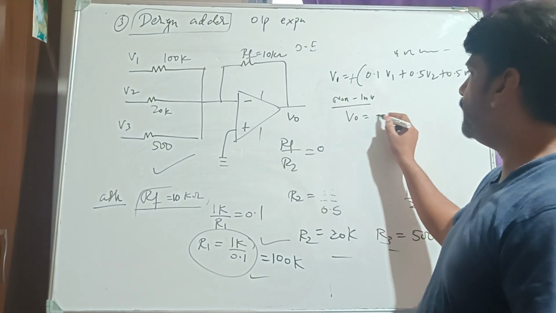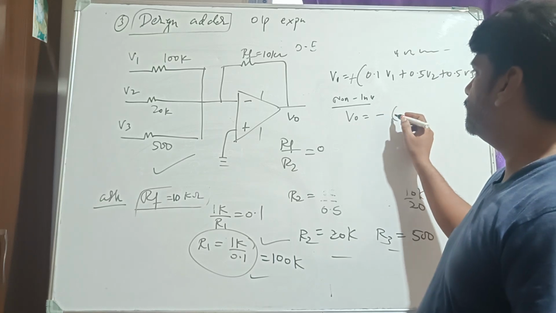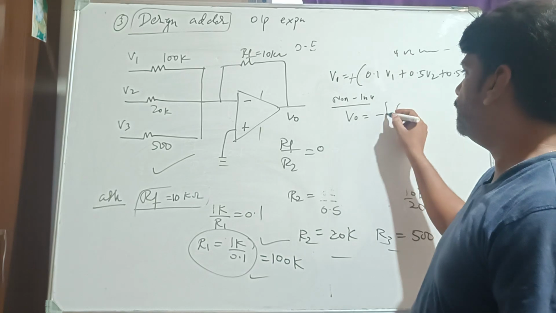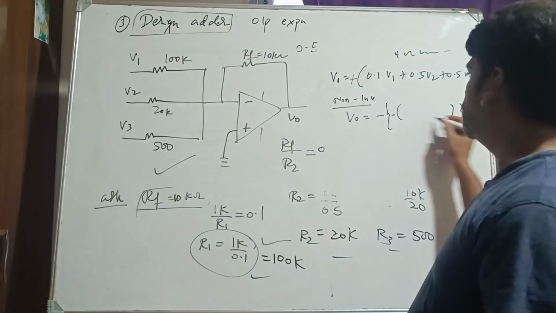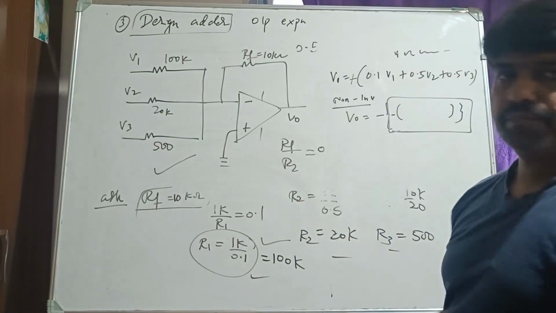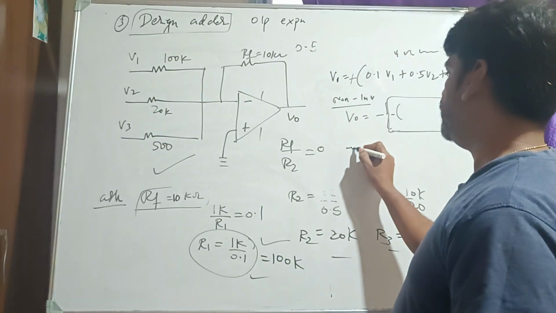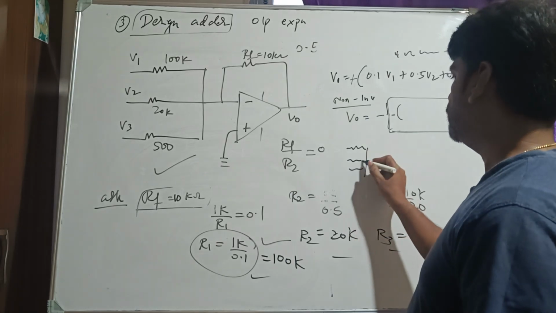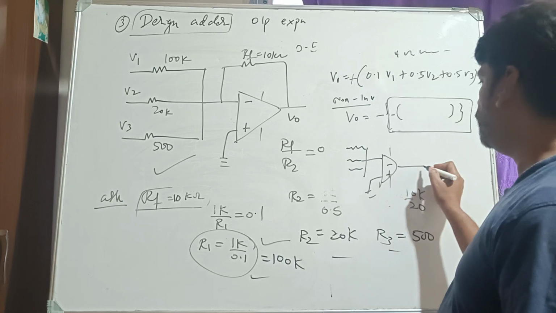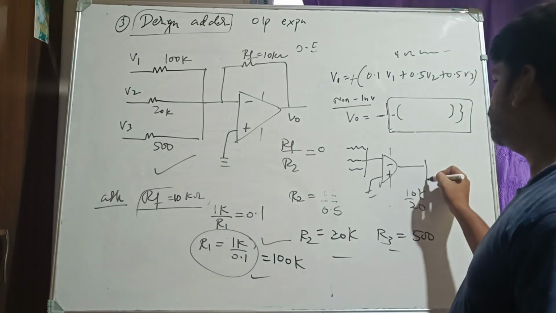So how are we going to get plus? Can I write it like this: minus of minus, so that it becomes plus? What is the meaning of that? First you do the inverting adder, right? Then whatever result you got, after that again a minus is there, so you take an inverting amplifier.